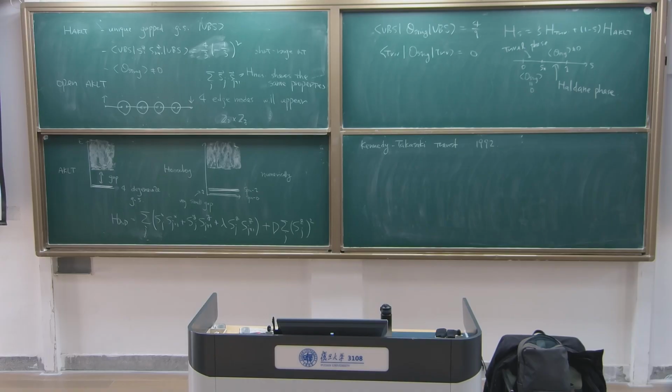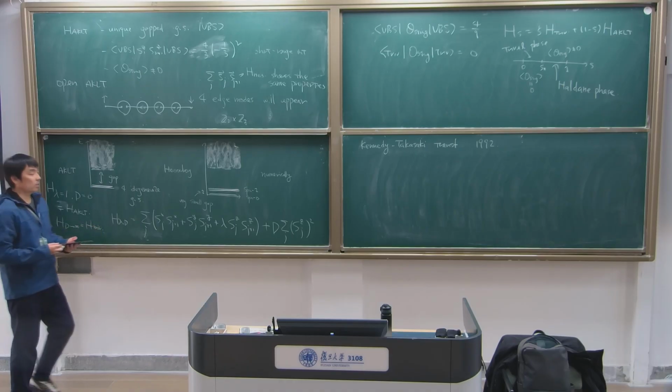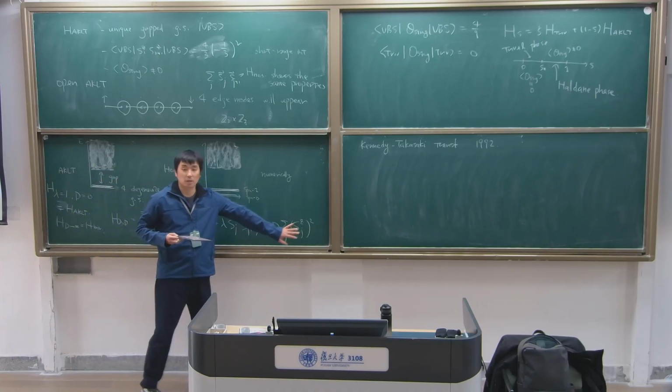So when you set lambda equal to 1 and D equal to 0, H becomes the AKLT. When you set D to infinity, this becomes trivial, because this term becomes dominant.